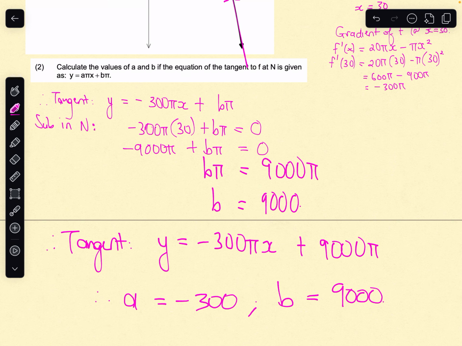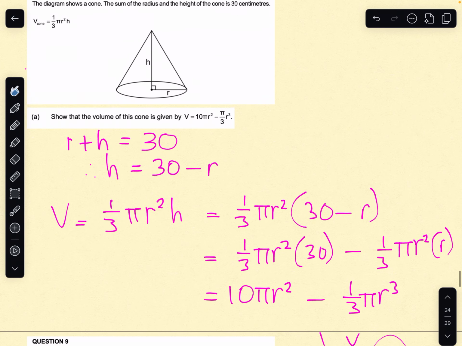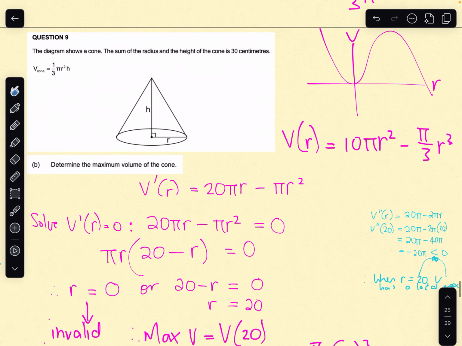Let's have a look at the memo. Question 9. First part of the question, we pretty much did, nothing much to say there.